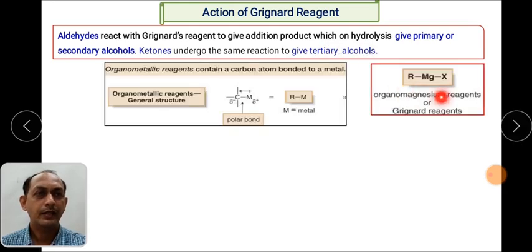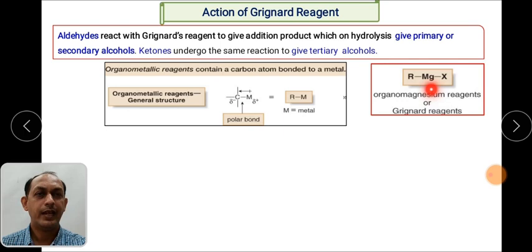As we know, the Grignard reagent has the general formula RMgX, so it is also called an organomagnesium reagent, where magnesium is bonded to an alkyl group on one side, while on the other side it is attached to the electronegative halogen.